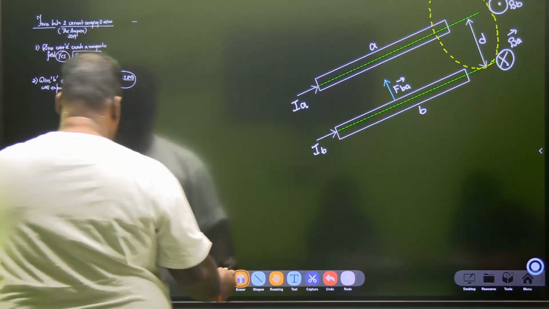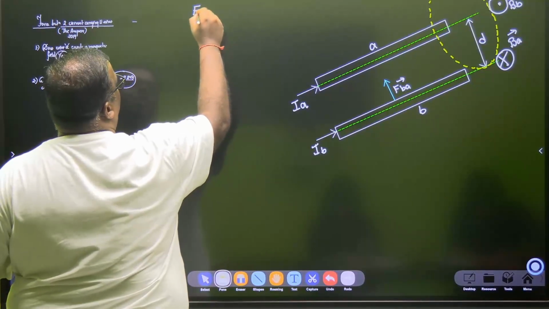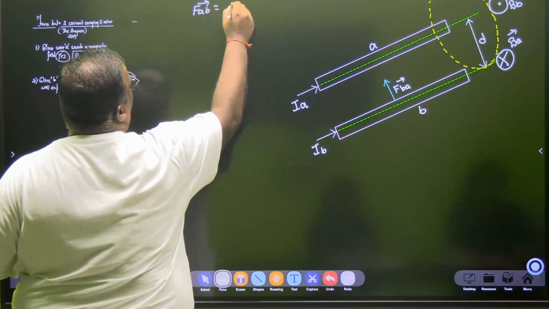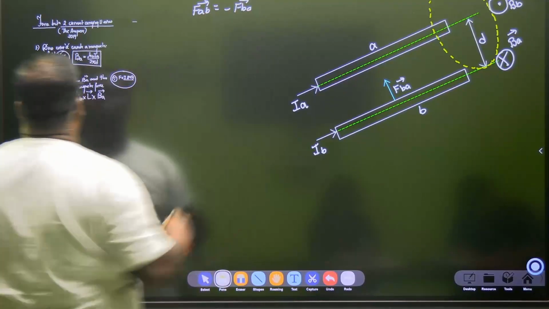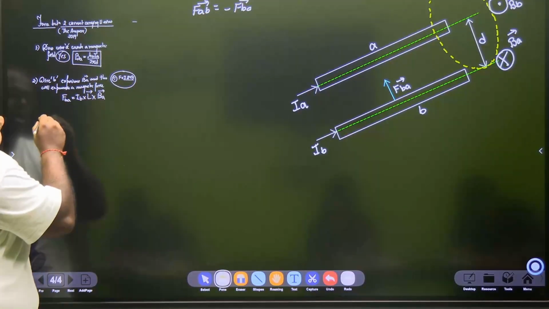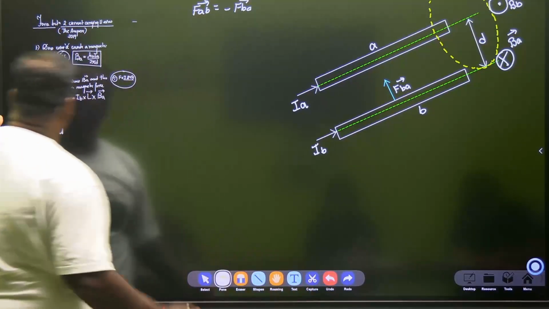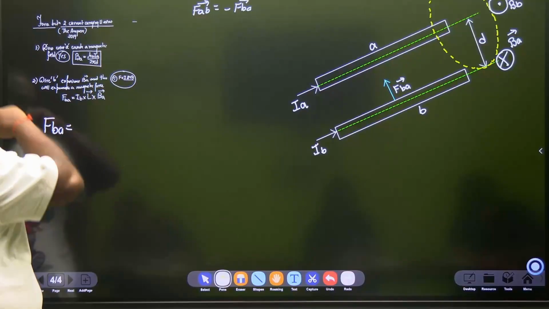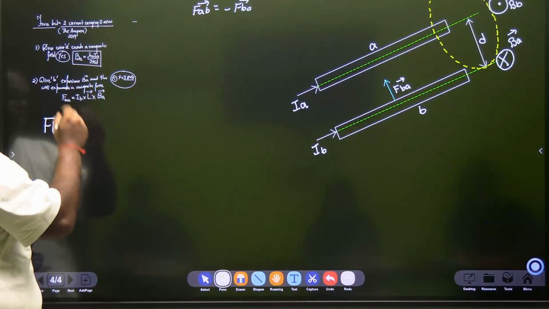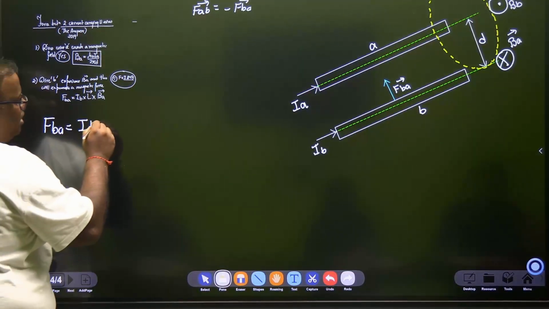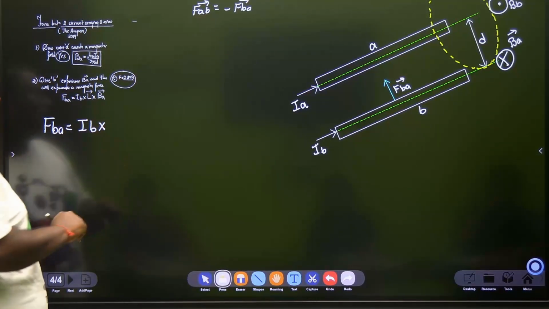Okay, so we have FAB as a force is negative of FBA as a force. Okay, fine, children. Now, FBA, I'm just writing what we wrote, and I'm concerned only about finding the definition of ampere. So this is IB into L cross BA.